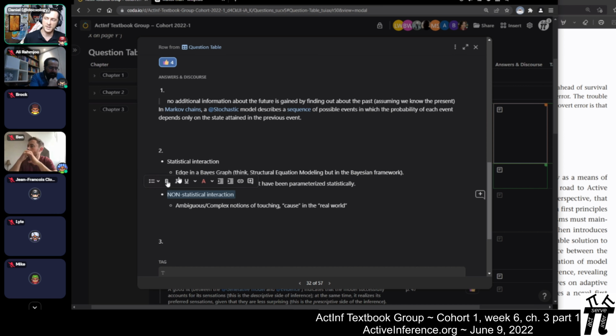What would a non-statistical interaction be? There are various ways to approach that. It's pointing towards something like a touch could be an interaction. But what if things are touching, but those variables don't change as a function of their touching? Then do those things interact or not?